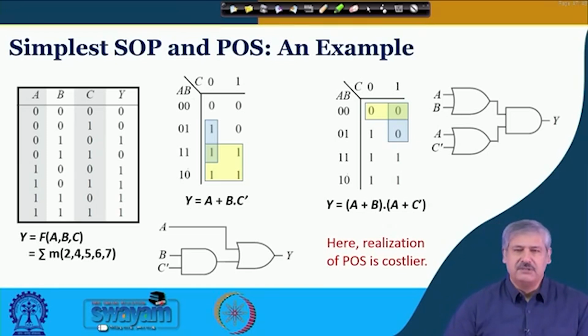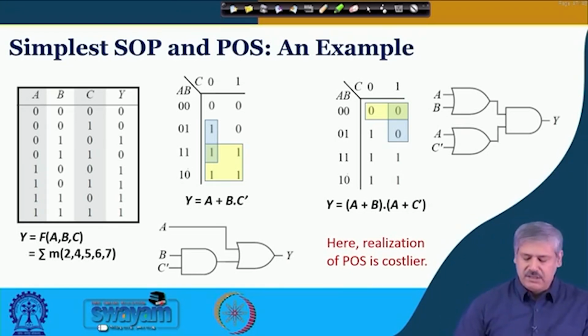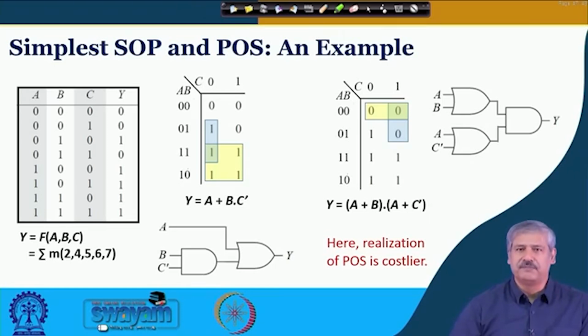So, the kind of implementation we had seen before, we start from there. This is a representation of a truth table where the min terms are 2, 4, 5, 6, 7. Okay, this is familiar.